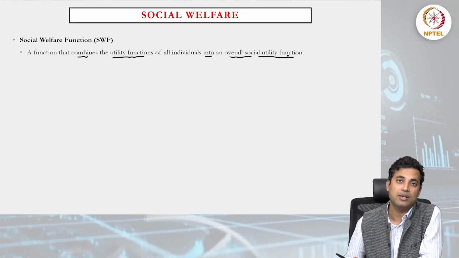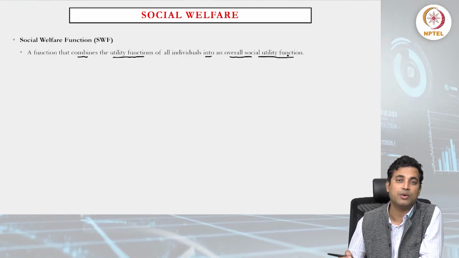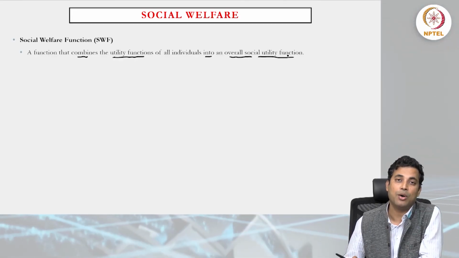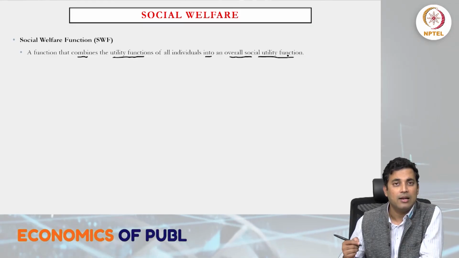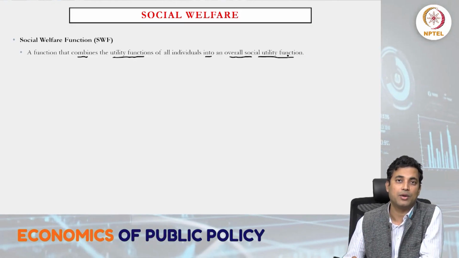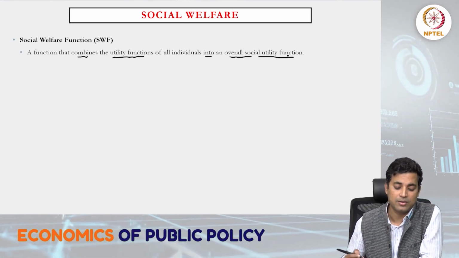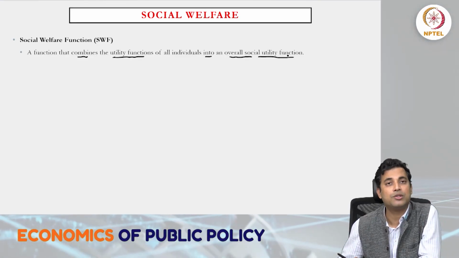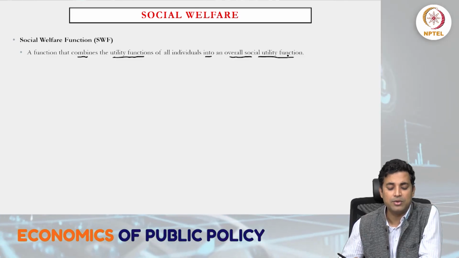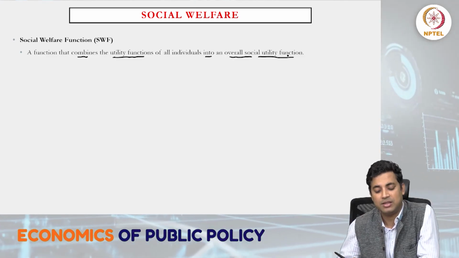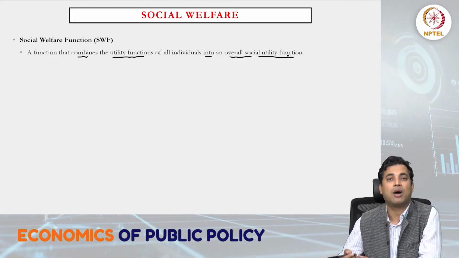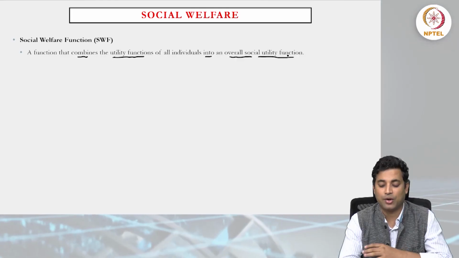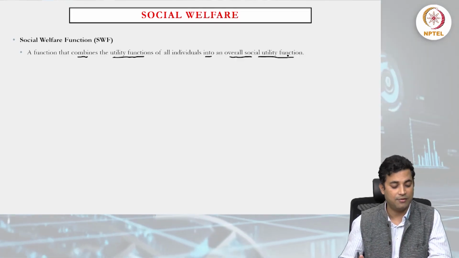In the same way, market utility gets defined from the summation of all individual utility. The similar concept is used while defining the overall social welfare function, where the utility functions of all the individuals are taken into account in an overall social utility function.